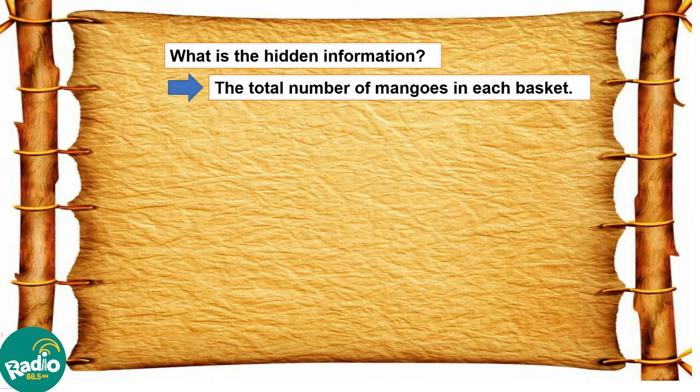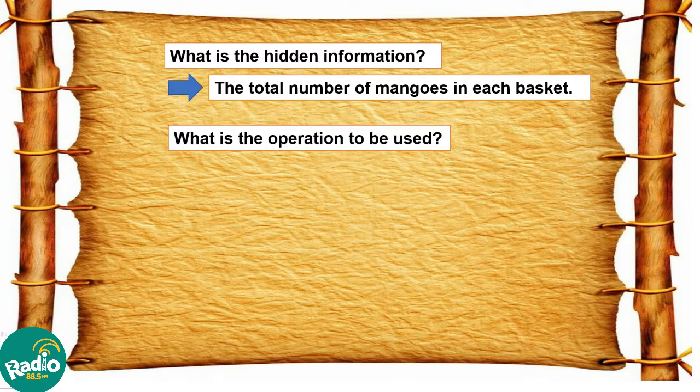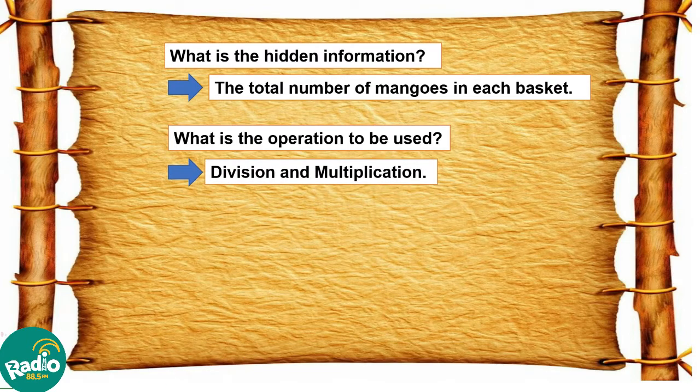Alright, the hidden information is the total number of mangoes in each basket. How about the operation to be used? Of course, we will use division and multiplication.